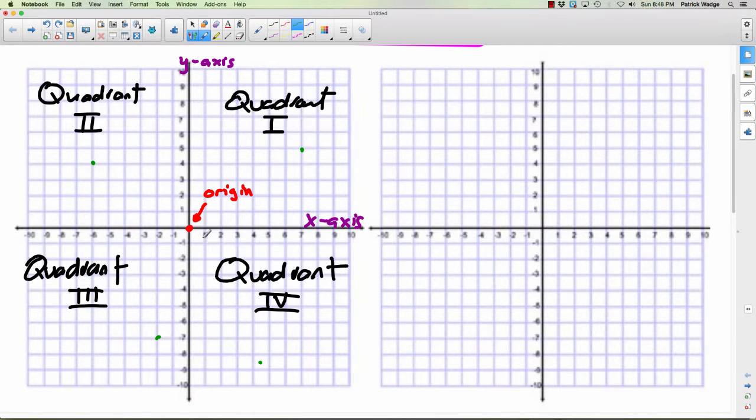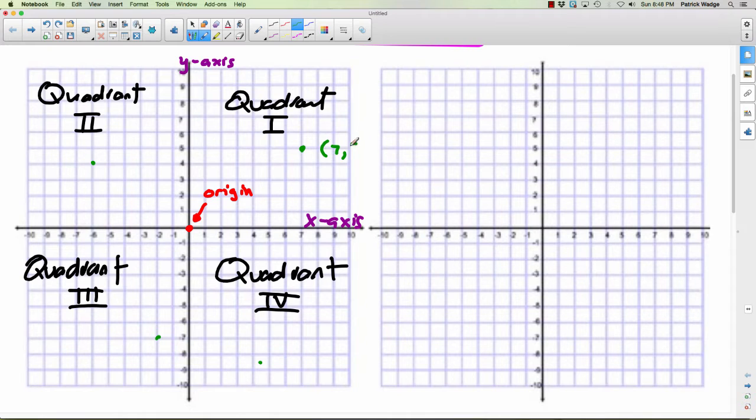So, for example, if we were going to name this point here, let's start with this one. First of all, you're going to count left, right, side to side, right? So to line up with that point, you're counting over 1, 2, 3, 4, 5, 6, 7. So the first number is 7. You're going to put it in brackets, 7. So over to 7, and then you go up 1, 2, 3, 4, 5.